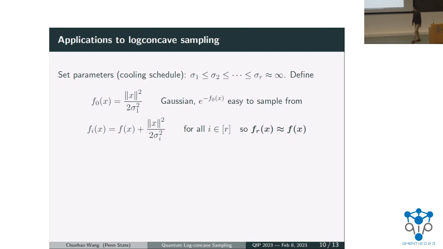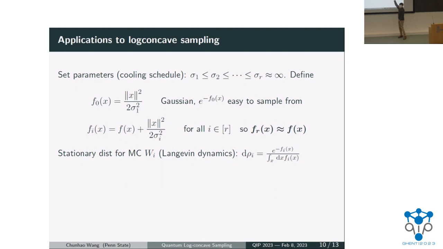Okay? And now, for each f_i, we just build a Markov chain based on Langevin dynamics for it. And we know that the stationary distribution for each Markov chain is proportional to e to the minus f_i. So the stationary distribution for the last Markov chain is approximately something we want.